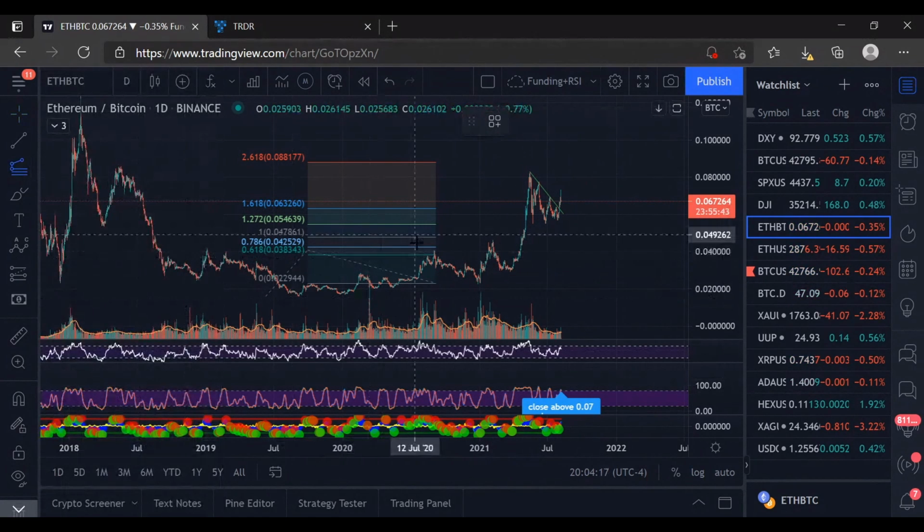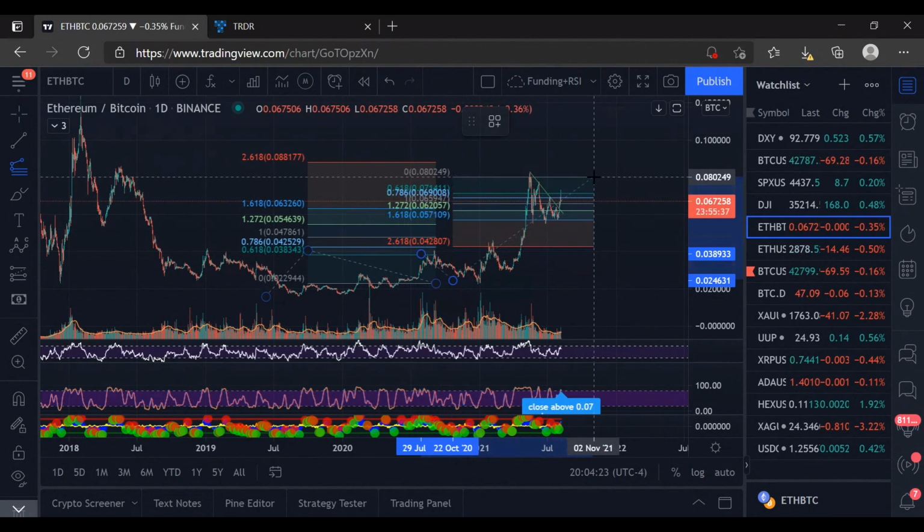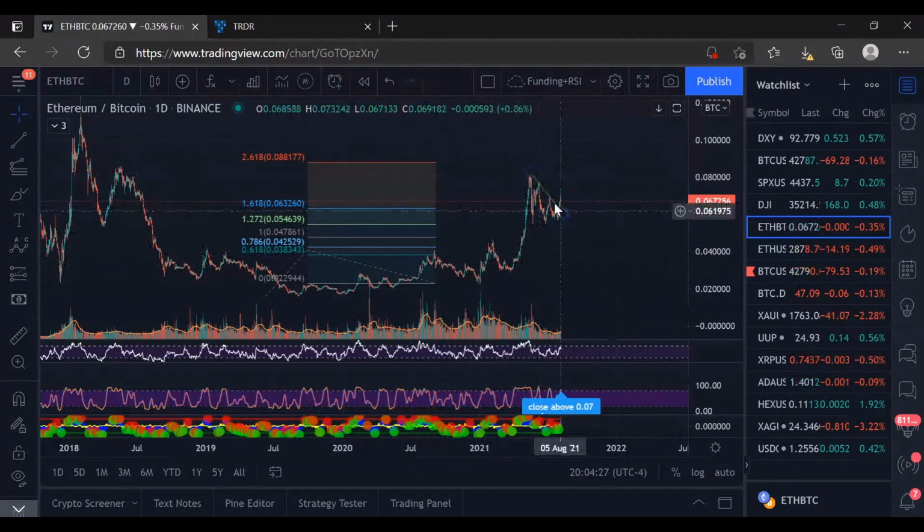If ETHBTC is going to fly, then it's going up, both of them. Oh yeah, these legs don't match that. This doesn't have a match. So if that breaks the high, it's going to repeat this leg right here. It's going to be back up to all-time highs.